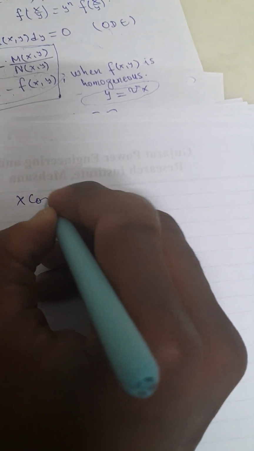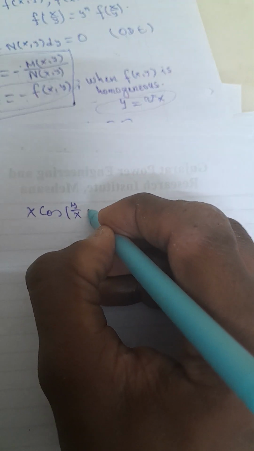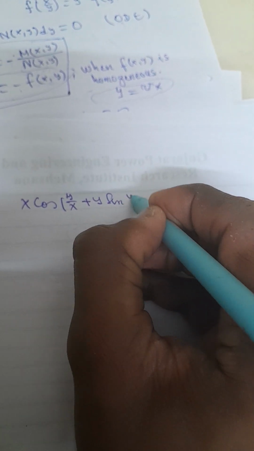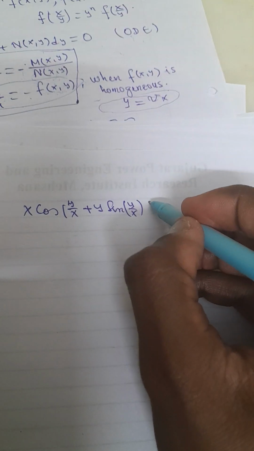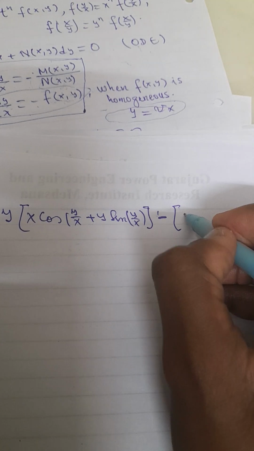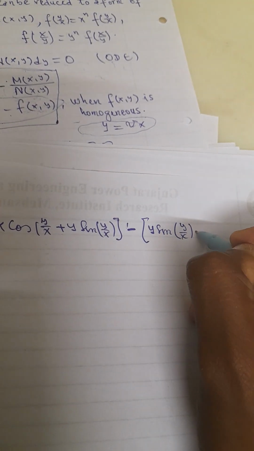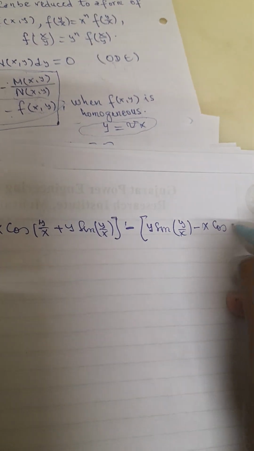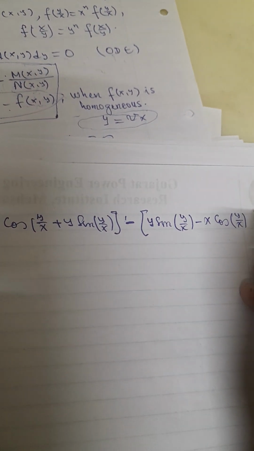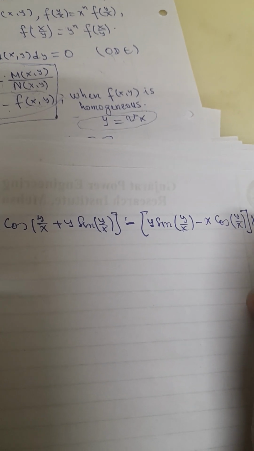This is x cos of y upon x plus y sin of y upon x, multiplied by y, and minus y sin of y upon x minus x cos of y upon x, and here it is x dy dx equal to 0.